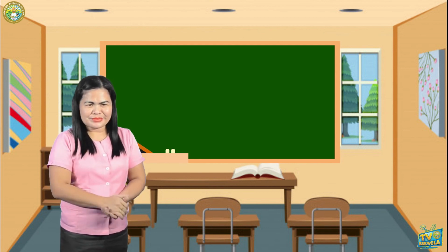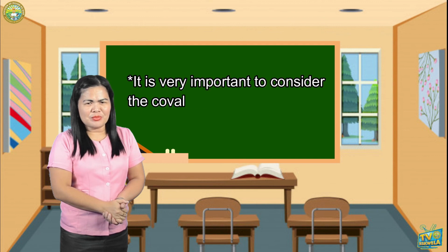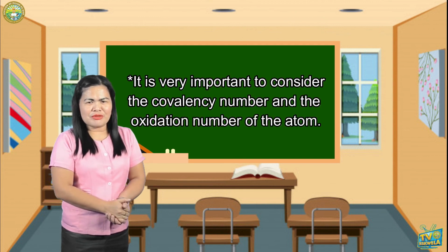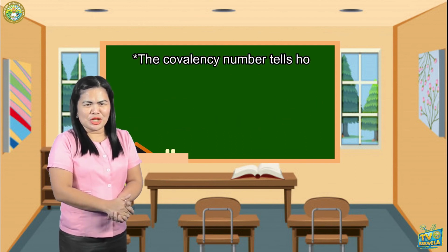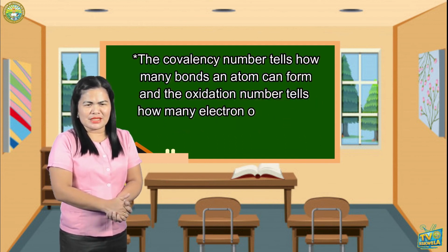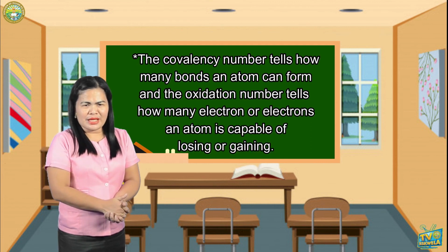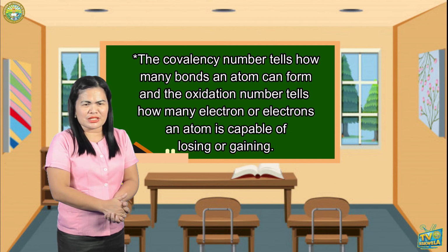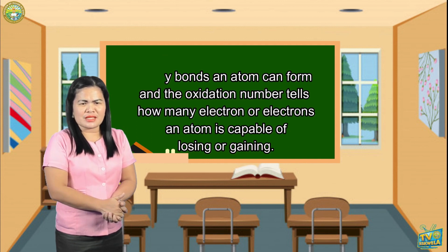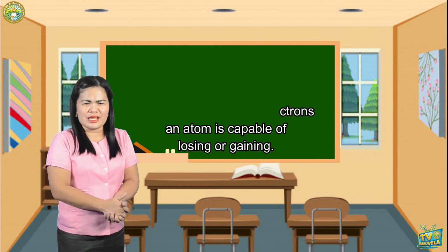Good! It is very important to consider the covalency number and the oxidation number of the atom. The covalency number tells how many bonds an atom can form, and the oxidation number tells how many electrons an atom is capable of losing or gaining.